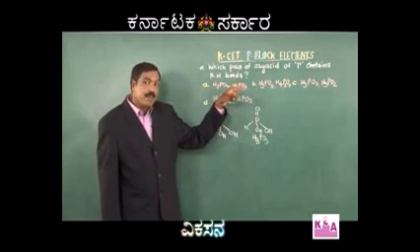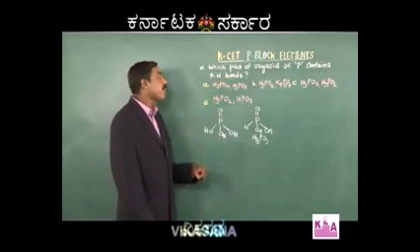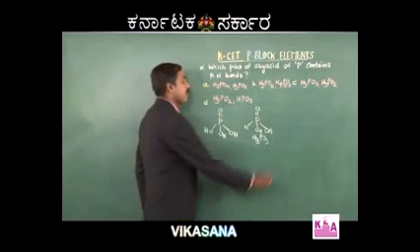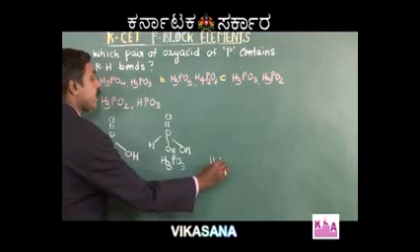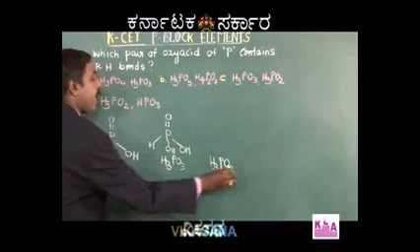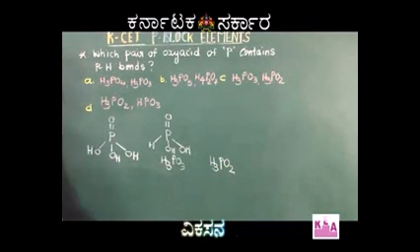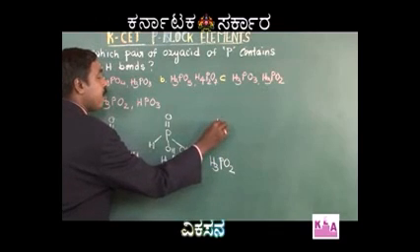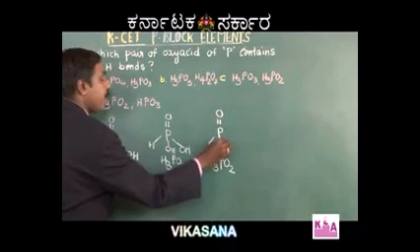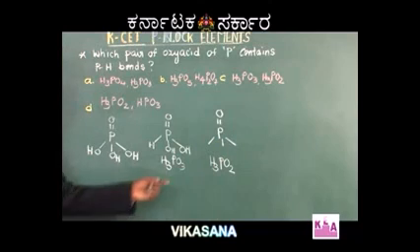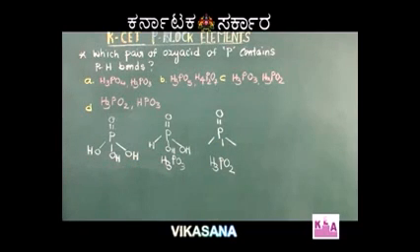I also have H3PO2. Try working out for H3PO2 and see if it satisfies this question. Therefore, I have H3PO2. I will take phosphorus, double bond oxygen, umbrella is my code word. Total number of oxygen that I have is 2.